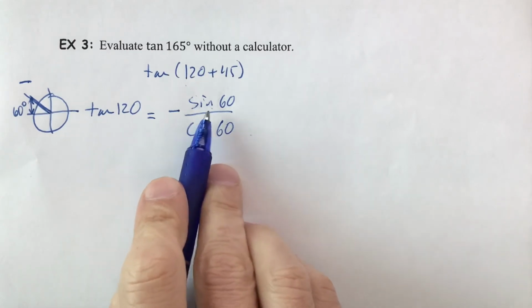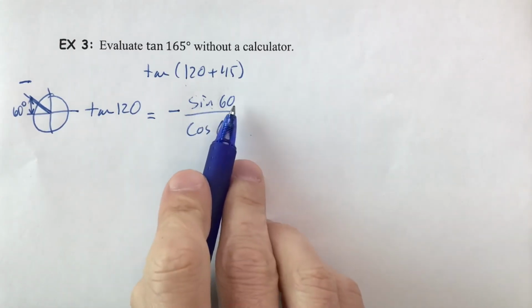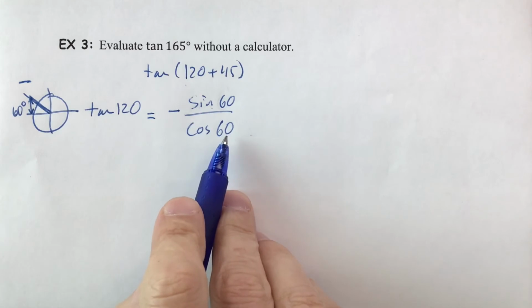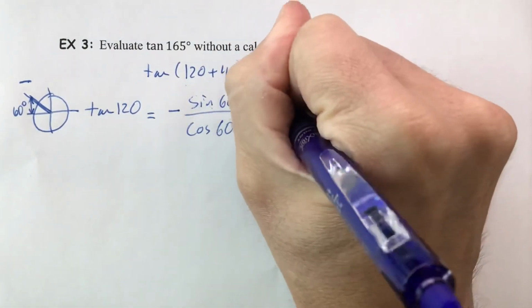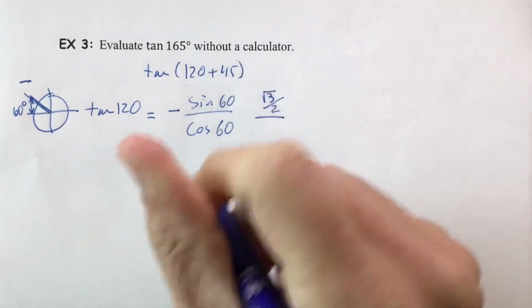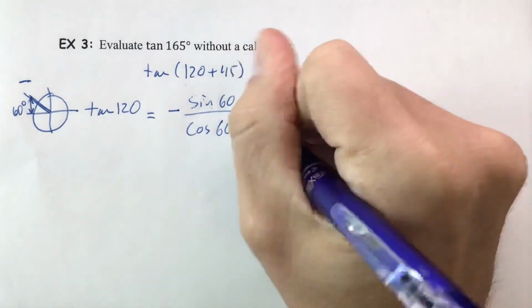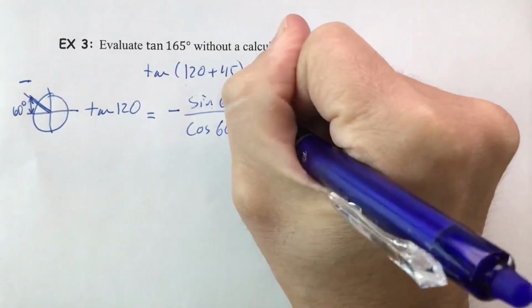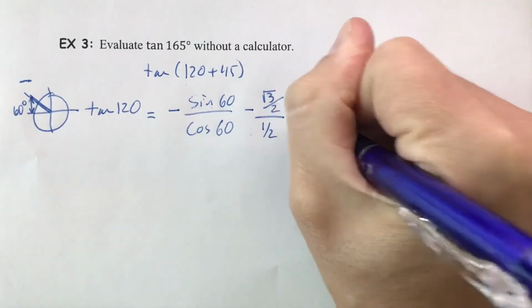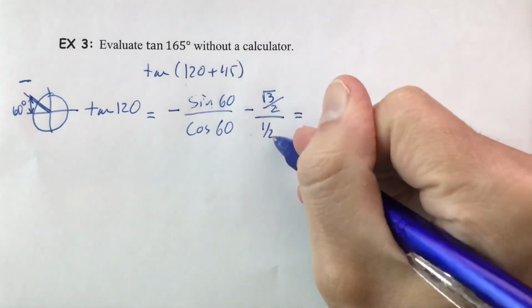We got a negative, we broke it up into sine and cosine, we used our reference angles as well. All right, so the sine of 60 is going to be equal to the square root of 3 over 2. The cosine of 60 is going to be equal to 1/2. We also have that negative. All right, so all of that, the 2's will, in a sense, cancel out.